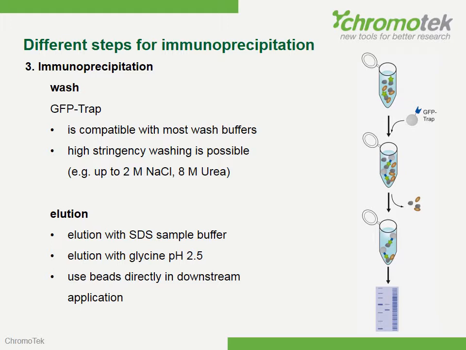Even during such harsh washing conditions, the GFP-Trap will bind to GFP. So elution from the GFP-Trap can be done with SDS sample buffer, or you can elute with glycine pH 2.5, or you can also use your beads directly in downstream applications.